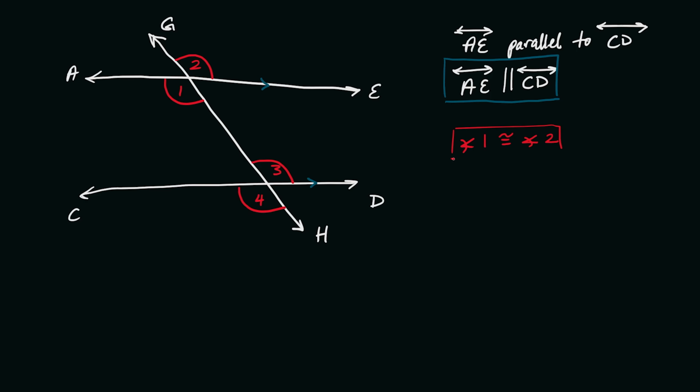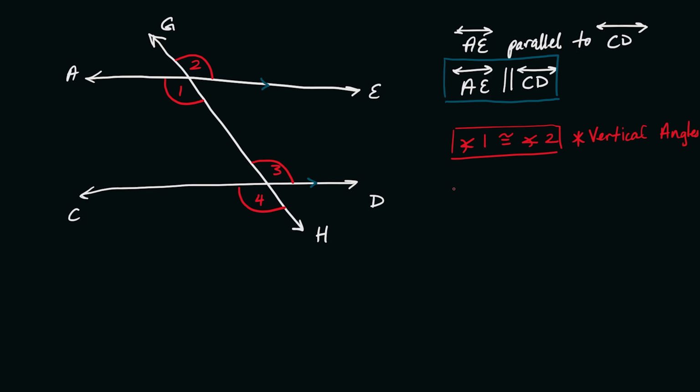The main reason why this is congruent is because they are vertical angles. Vertical angles just mean that they're opposite of each other. So we can't say that angle 1 and angle 3 are vertical angles because they're simply not opposite of each other. They're a whole different type.